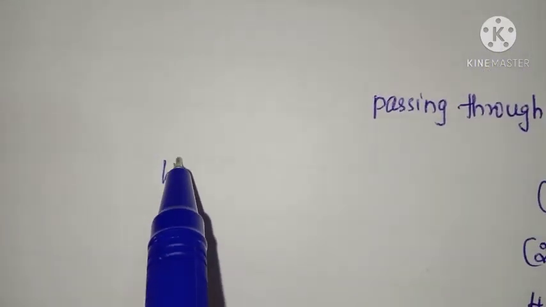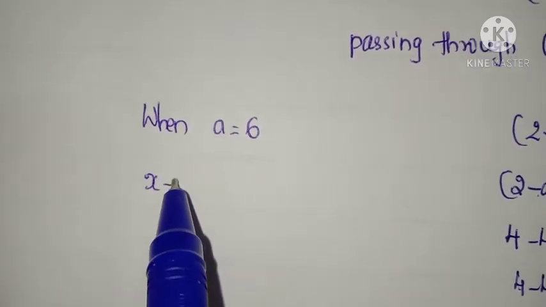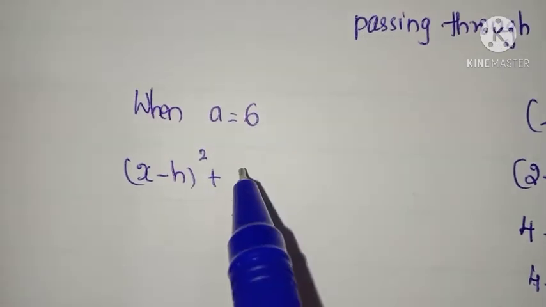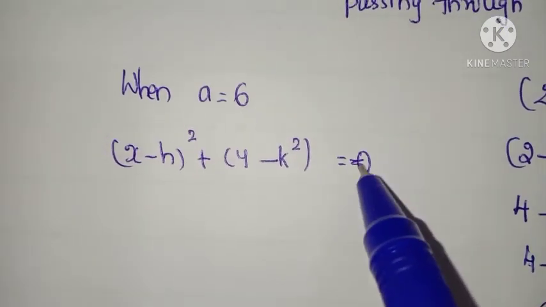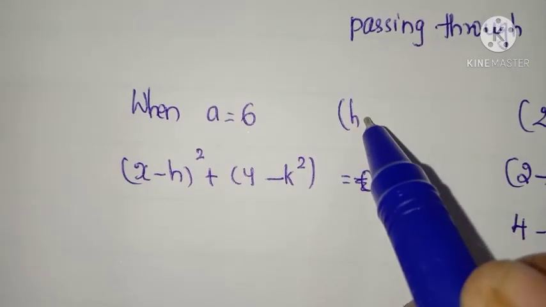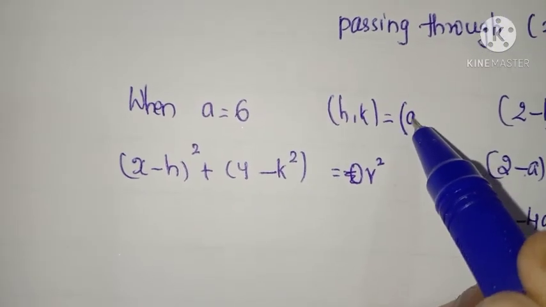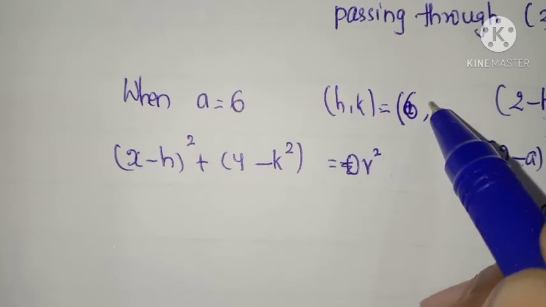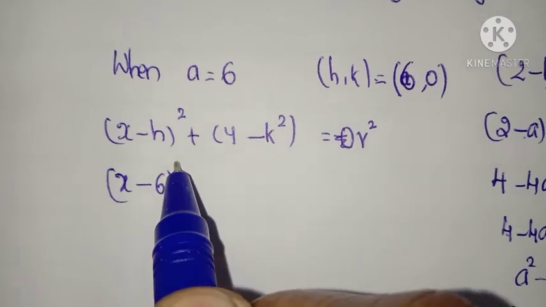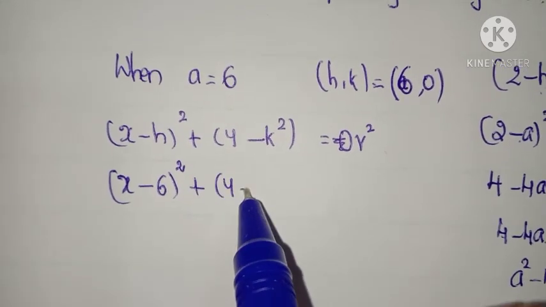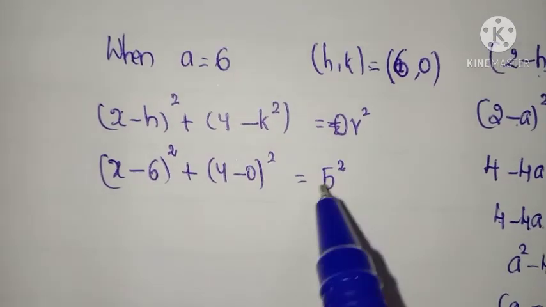So first value, when a is equal to 6. What is the equation? (x minus h) the whole square plus (y minus k) the whole square equal to, I mean, r square. So here (h, k), h is a, which is 6 now, k is 0. So this becomes (x minus 6) the whole square plus (y minus 0) the whole square equal to r square. r equal to 5.